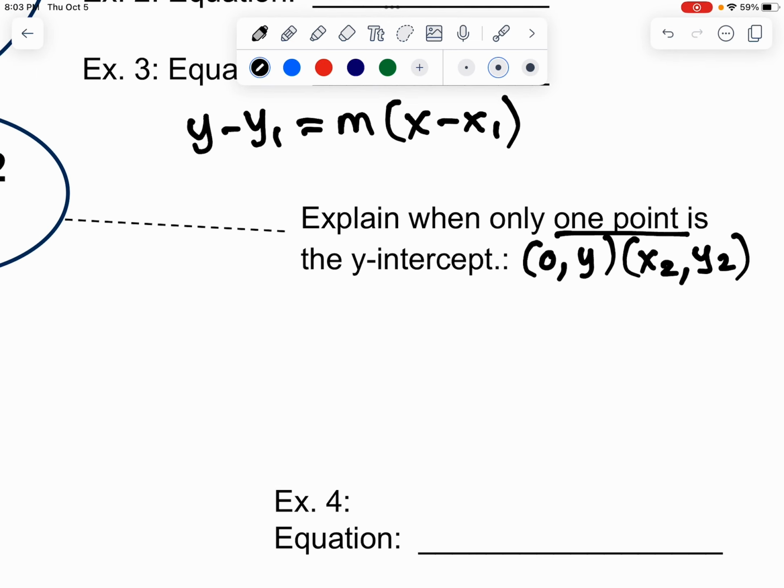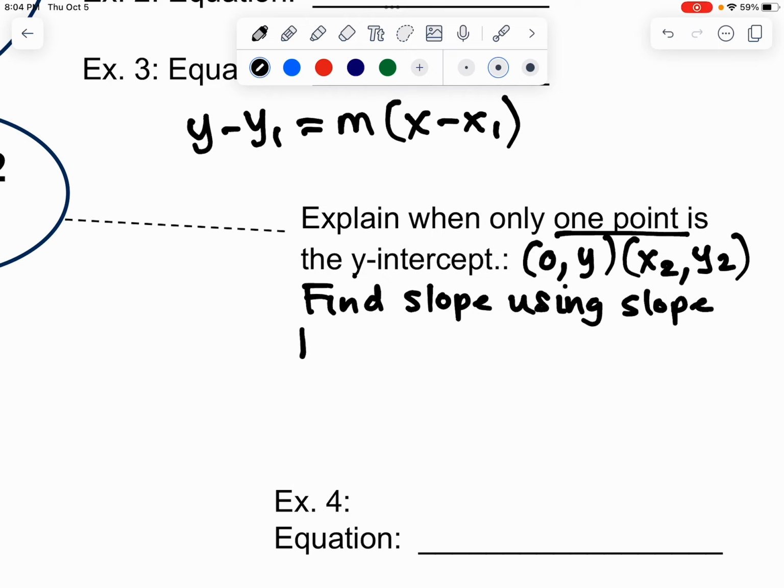If the y-intercept is given, we just need to find the slope, so find the slope using the slope formula. Remember that slope formula is m equals y2 minus y1 over x2 minus x1.